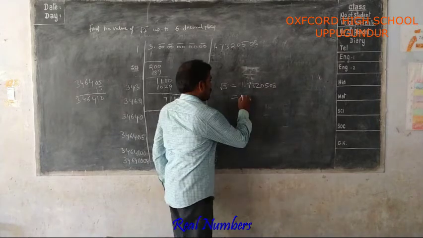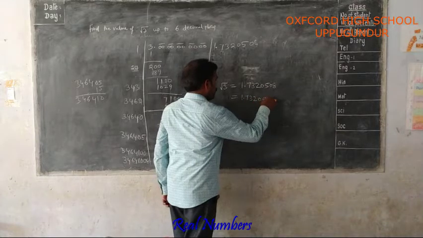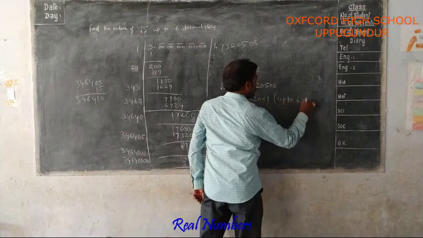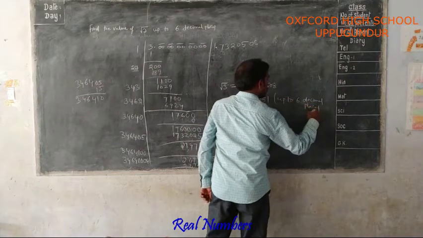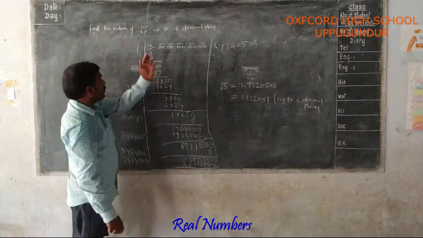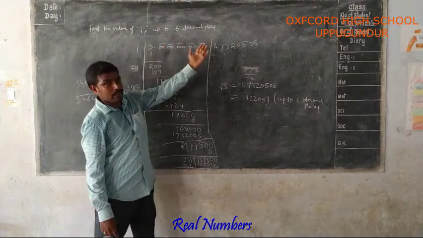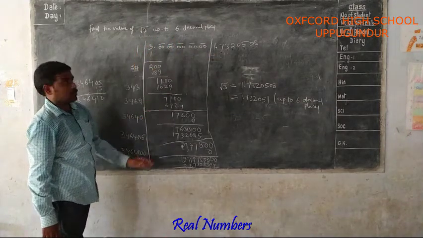Now this becomes 1.732051 up to 6 decimal places. So in this way you can find the value of root 3 up to 6 decimal places by using the division method in square roots.